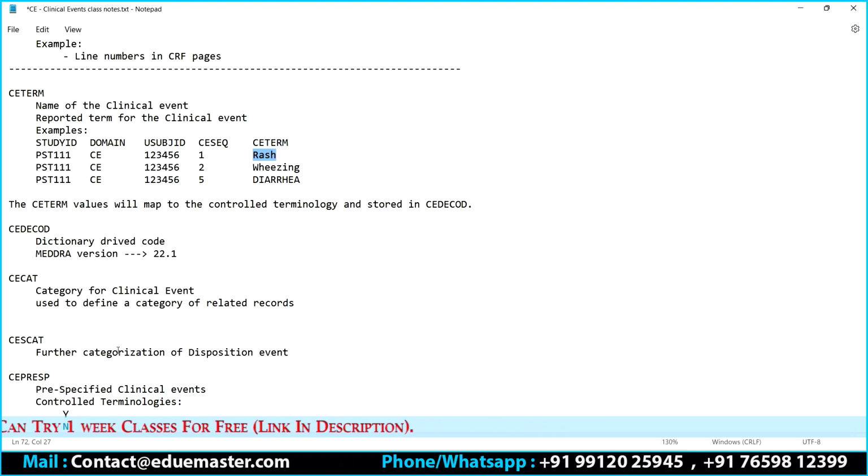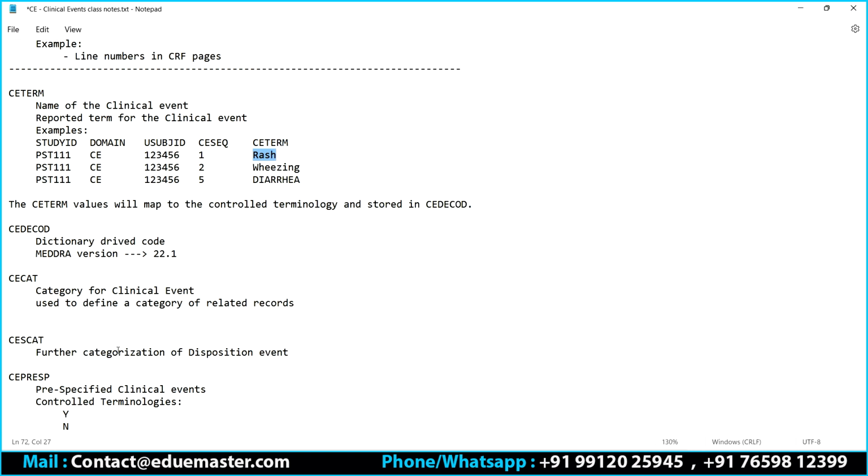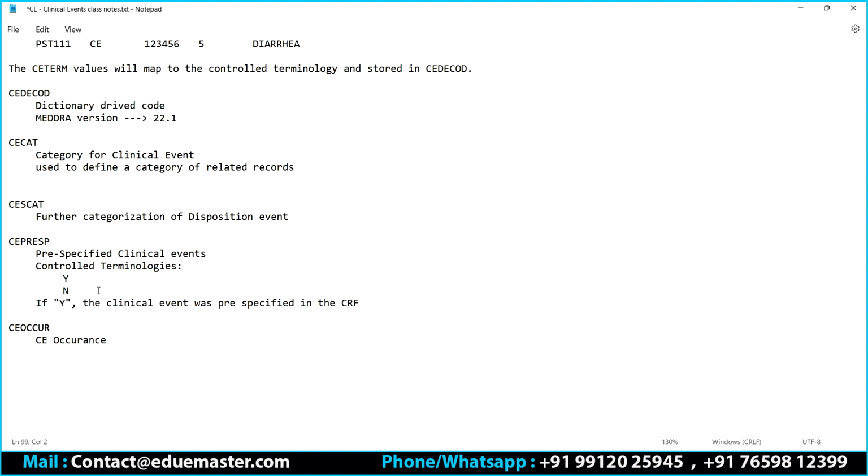Again in the evening you take this drug, again 500 mg, and as a result again you experience this rash on your body. This is going to be the occurring one. The nature of this drug is that when you consume it, you are going to experience it. So it is nothing but your CE occurrence.